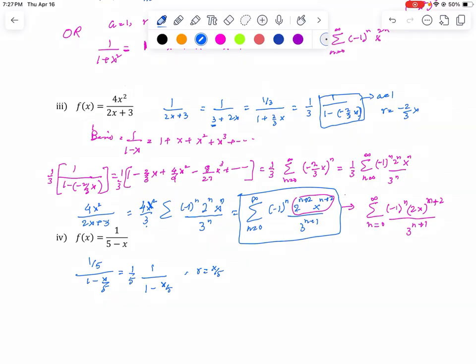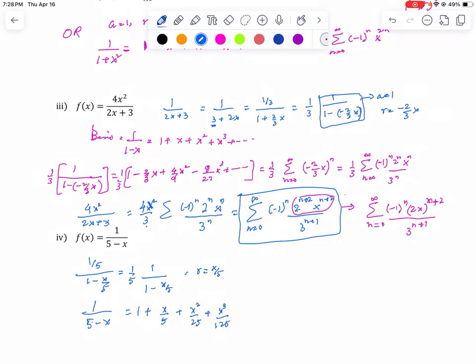So we end up getting 1 over 5 minus x equals 1 plus x over 5 plus x squared over 25 plus x cubed over 125 plus dot dot dot.